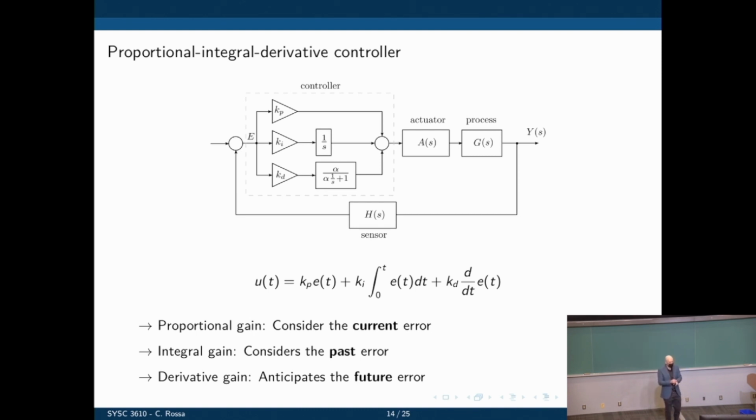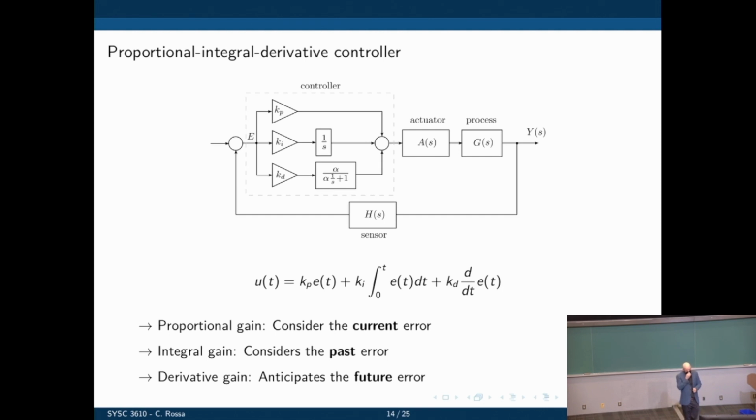Integral gain will consider the past error and therefore eliminate the steady state error. But it will create overshoot because it delivers more energy to the system. And that's the job of the derivative gain, to limit these overshoots by anticipating the future error in the system. And now, as designers, our job is to tune these Kp, Ki, and Kd to achieve the performance we want.